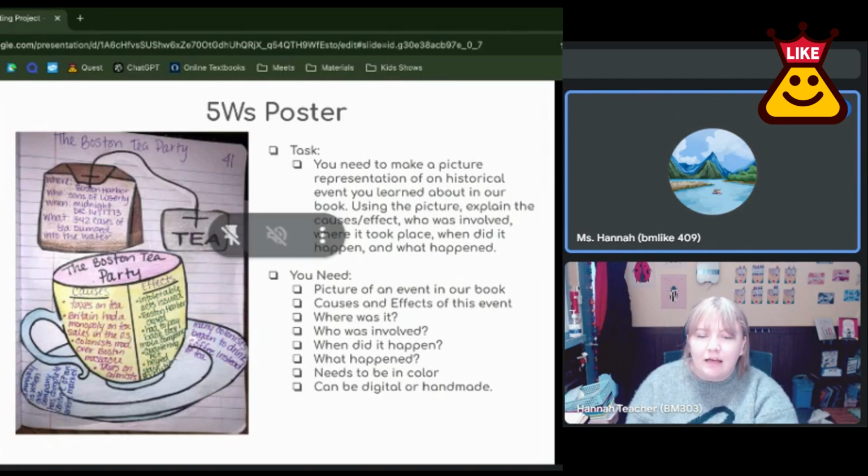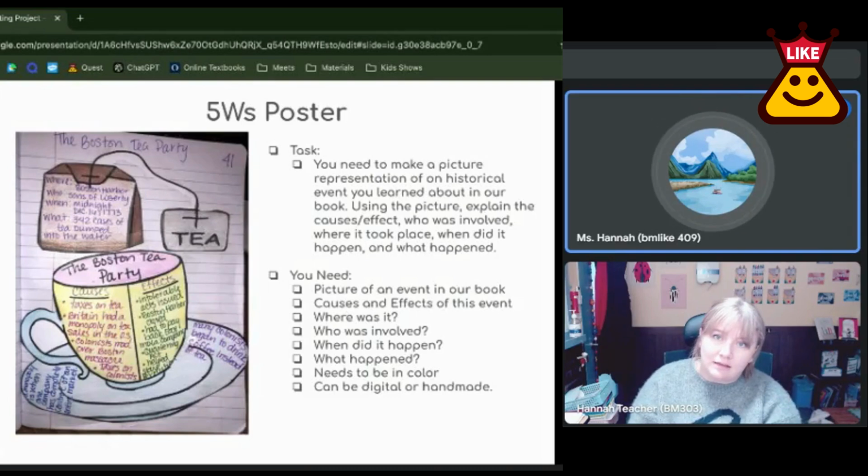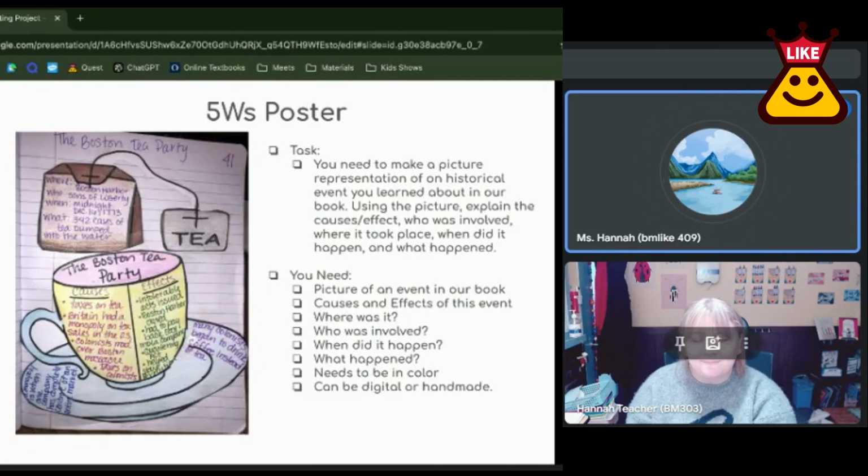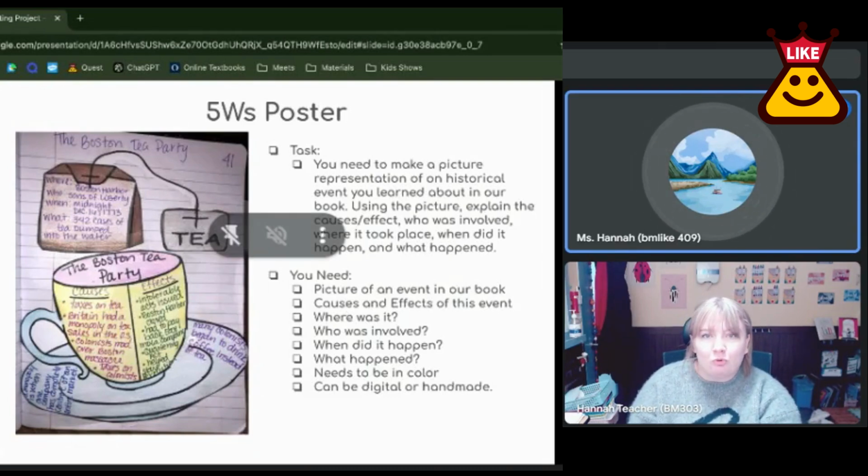That is A-OK. And then you also need to have the who, the where, the when, and the what. So for these, you do not need sentences. You can simply just put where, Boston Tea Party, when, midnight on this date, 1773. Okay. And because it is a visual representation, of course, it needs to be in color. And as always, it can be digital or handwritten.